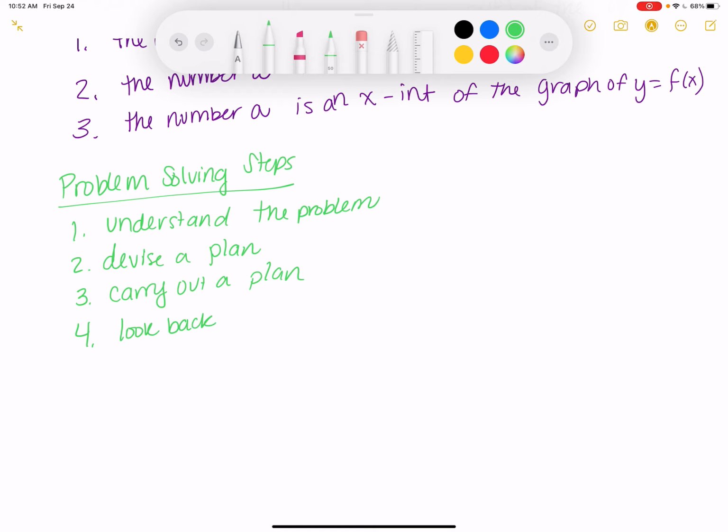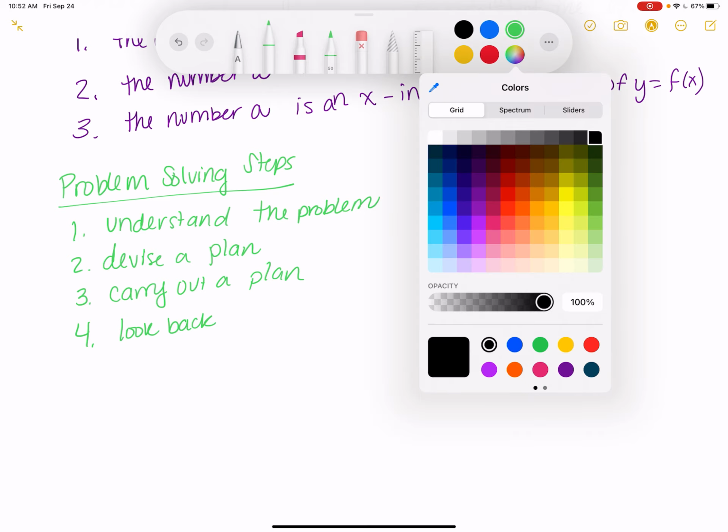Get all my papers back in order here. All right, so I'm going to do an example. Let's see, write down the problem here.